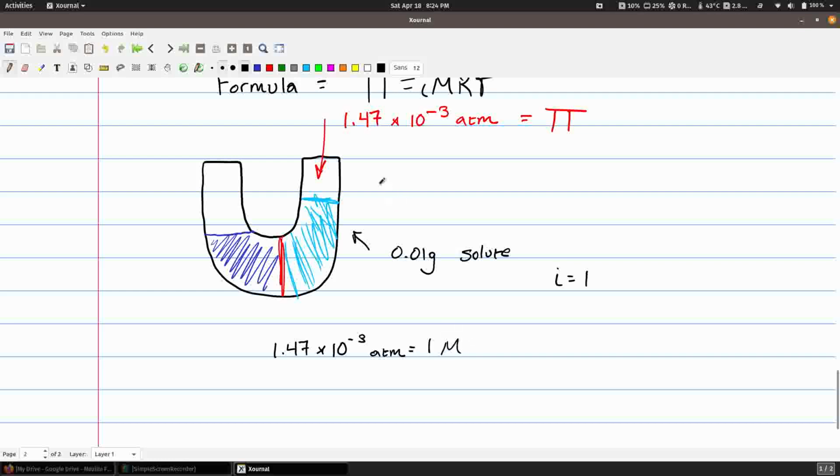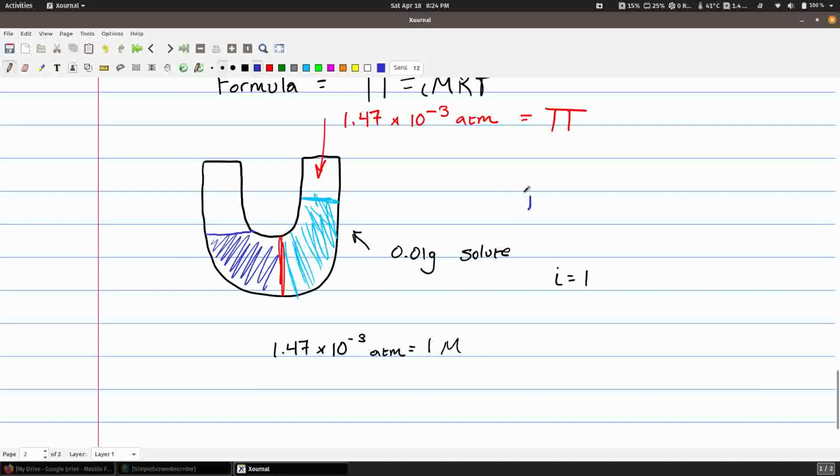And then we're going to assume that the volume for the whole solution is 1 liter. Actually, no, I gave you that. My bad. We're not assuming anything. This whole thing is 1 liter. Ignore everything I just said.